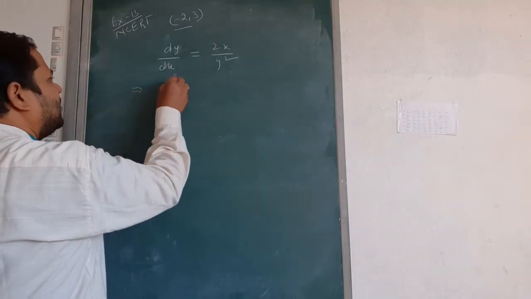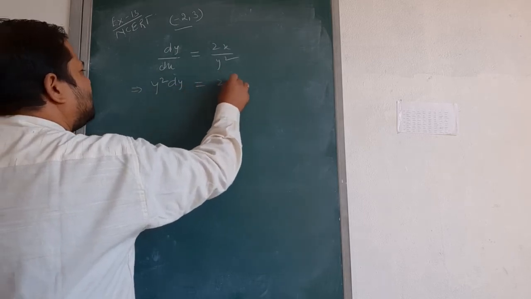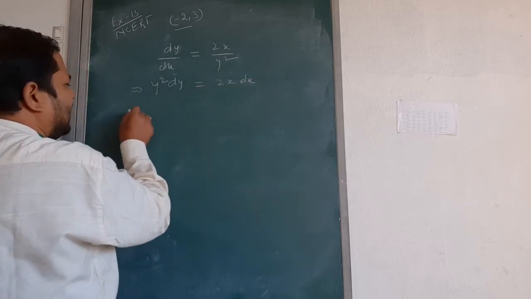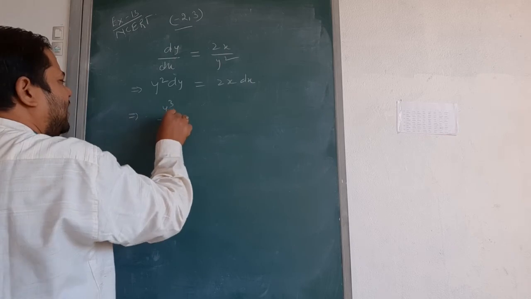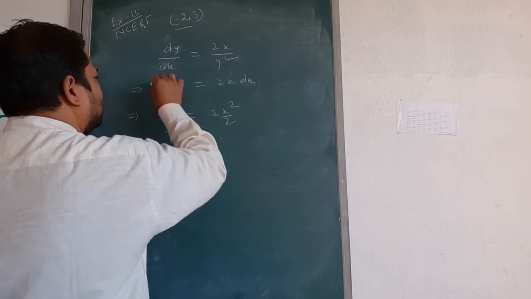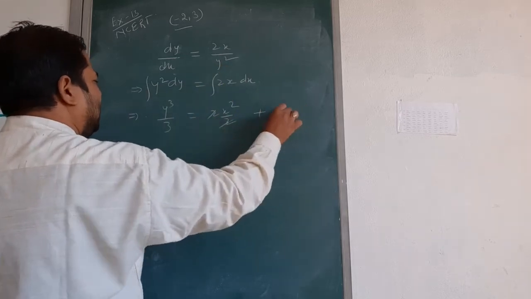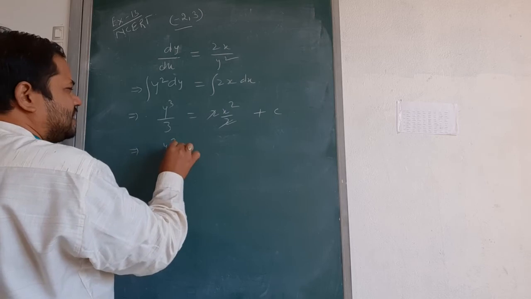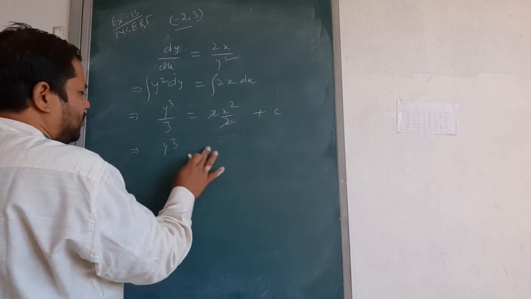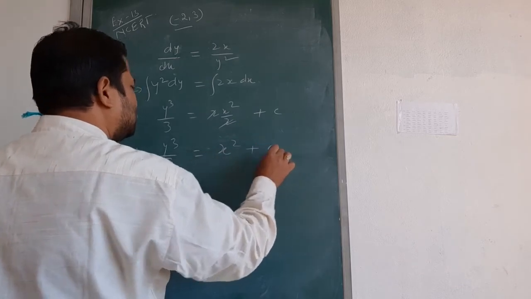So this is nothing but y square dy equals 2x dx, and this gives y cube by 3 equals 2x square by 2, if we integrate both sides, plus c. So y cube by 3 equals x square plus c.